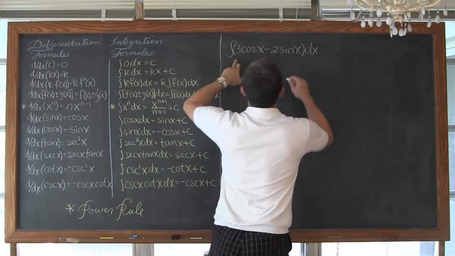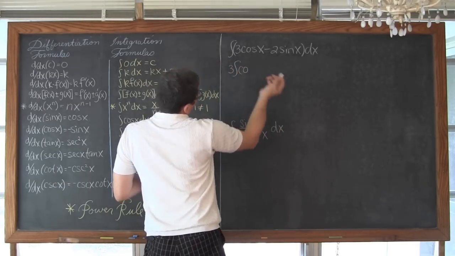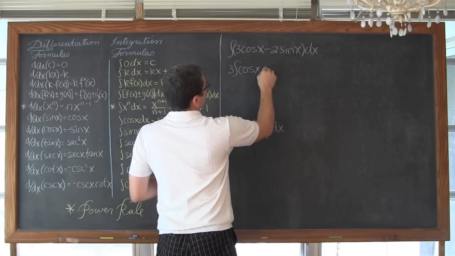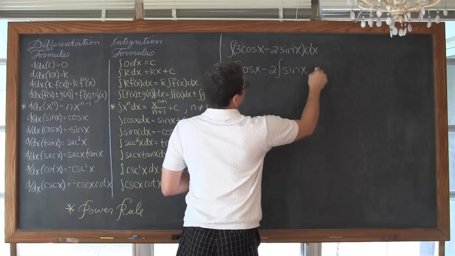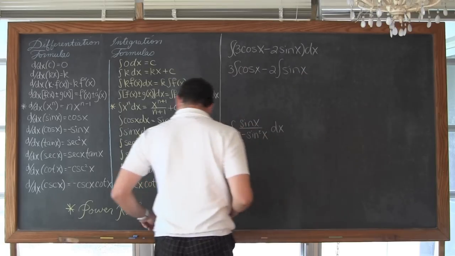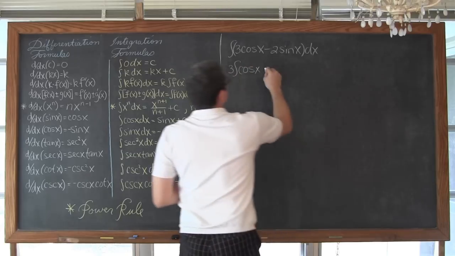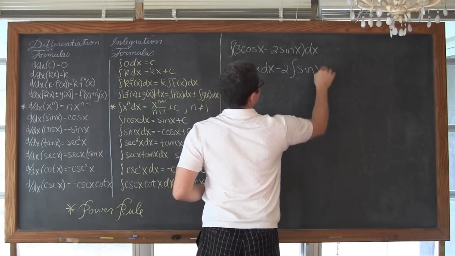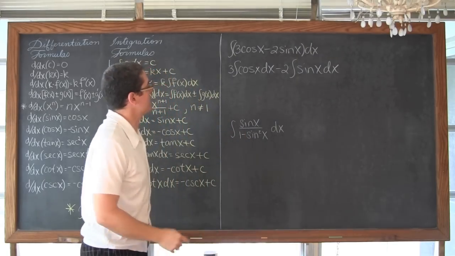So this is equal to 3 times the integral of cosine of x, minus 2 times the integral of sine of x. Each one of these, whoops, forgot the dx. dx minus 2 sine x dx. Got to remember what we're doing the integration with respect to.